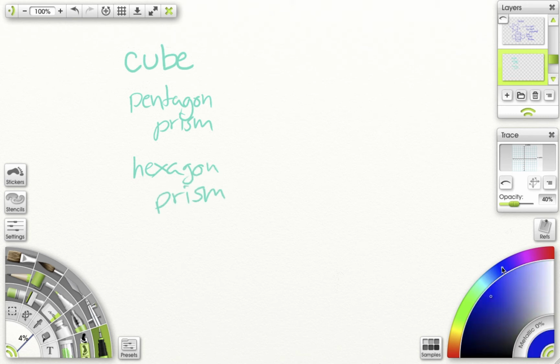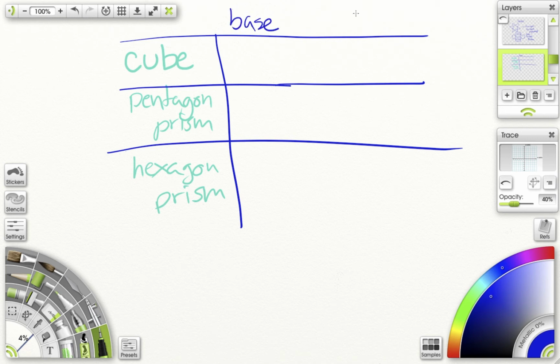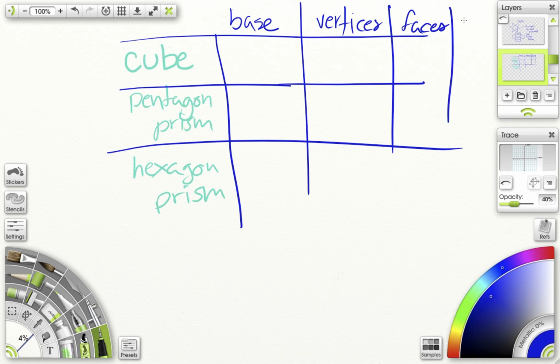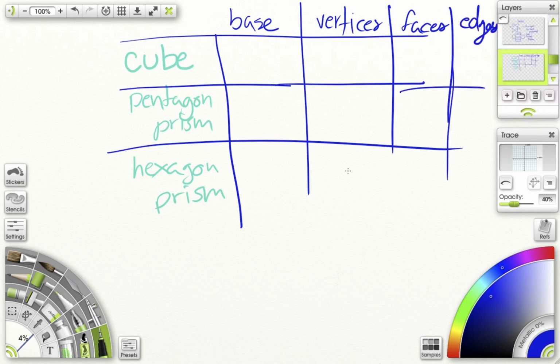We're going to do a quick chart where we have this, this, this, and we're going to do the base, vertices, faces, edges. So we're going to try to fill in this chart together.